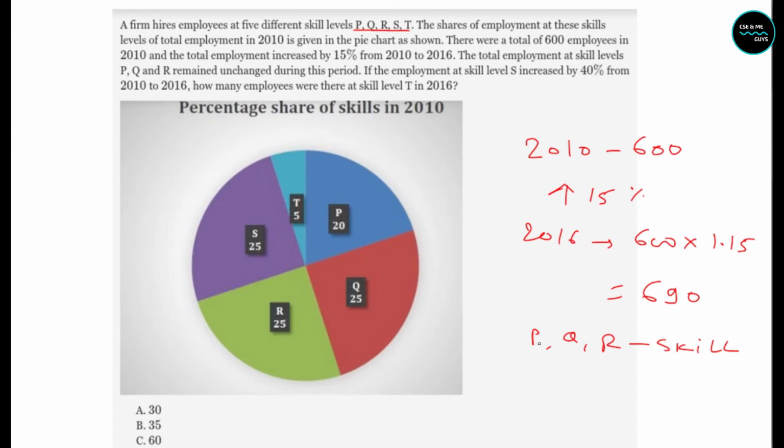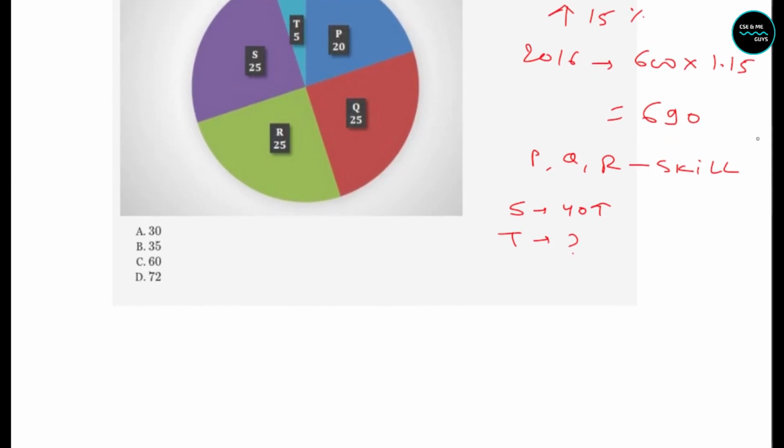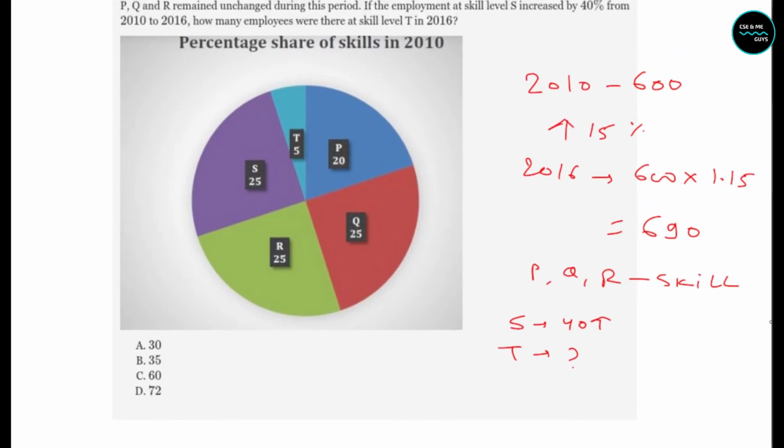And for S, it's increased by 40%. So they are asking how many people are working in T skill. So we are remaining with this thing. As you can see, this is given as percentage share of skill in 2010.